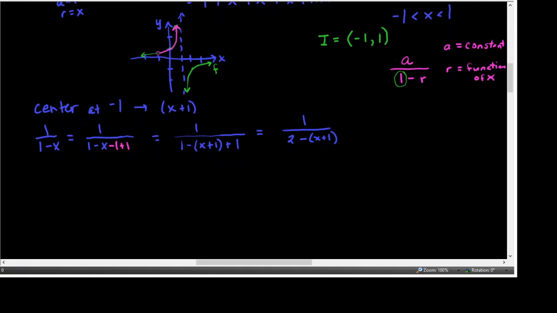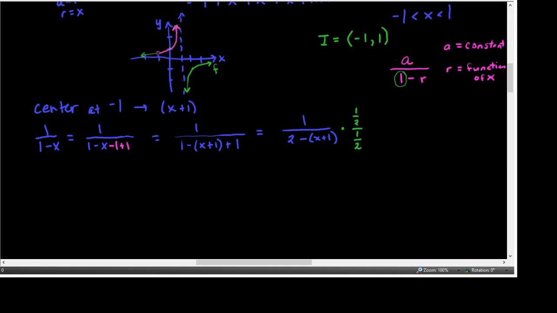And so a lot of times after you've gotten your center binomial correct, so centered at negative 1, the binomial becomes x minus negative 1, so x plus 1. Once you've dealt with that issue, the next big issue is you've got to multiply this one by a form of 1 so that that 2 becomes a 1. To make that happen, I would multiply by 1/2 to change 2 into 1.